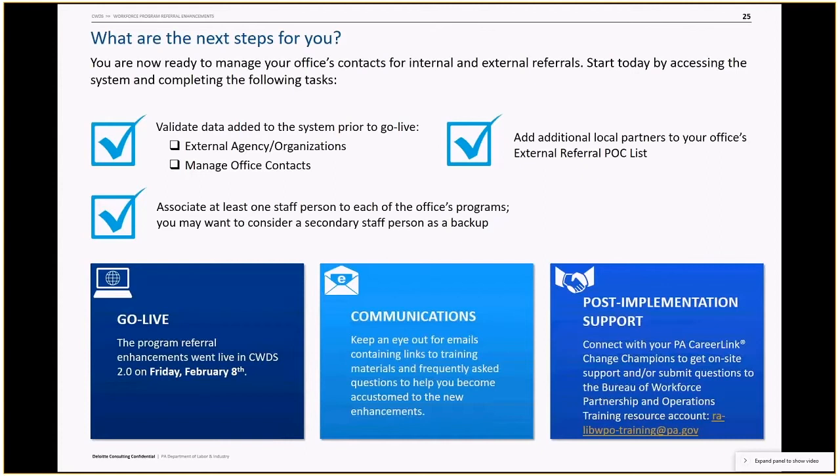And it also could have been that enough data wasn't provided to add the information into the system. So if you don't see them in the system, go ahead and add that external partnering agency. And back to the internal contacts, please add at least one person. You may want to add a second one as a backup.